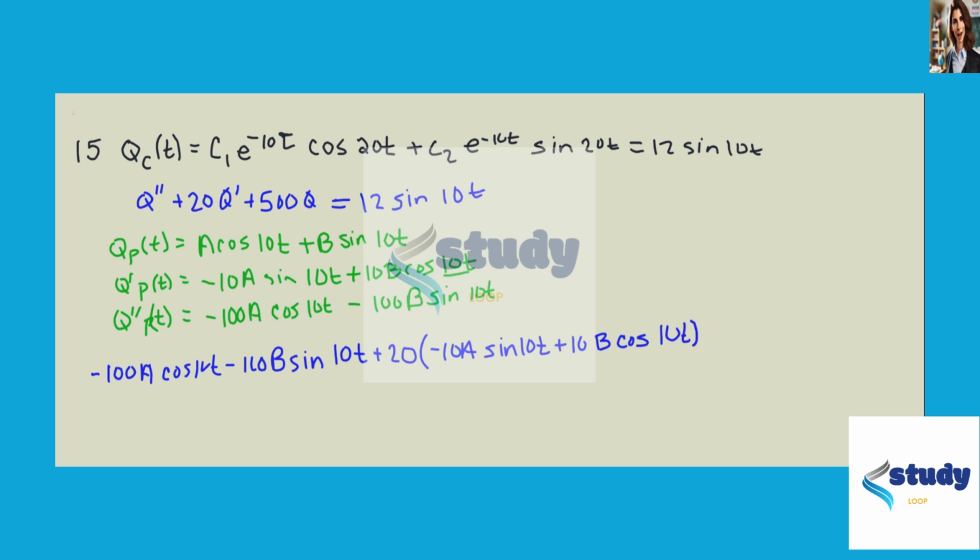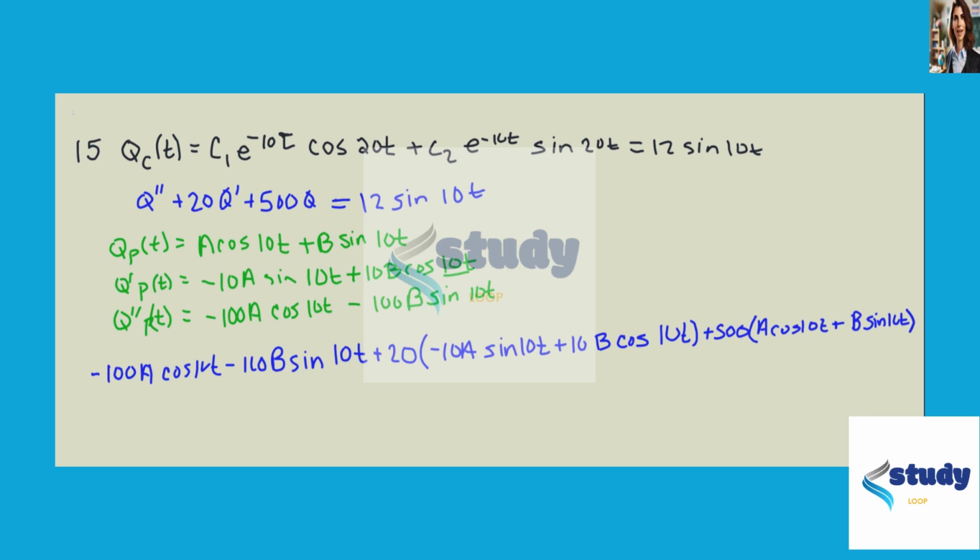And then I'm going to add in my 500 times Q, which is A cosine 10t plus B sine 10t. And that, of course, equals 12 sine 10t.